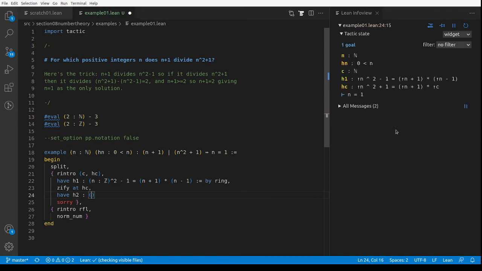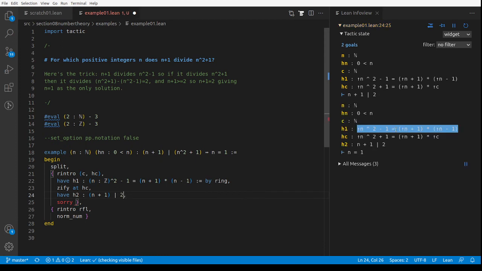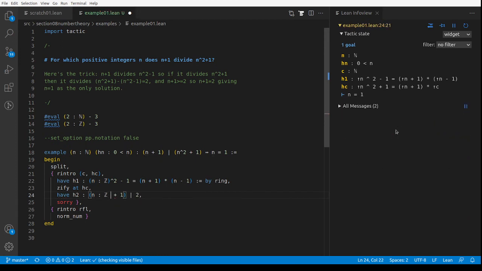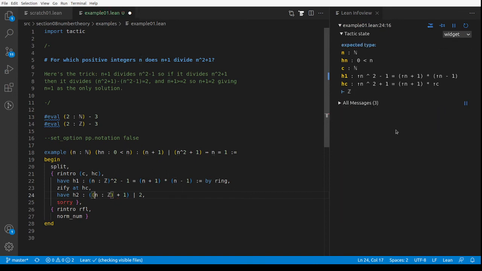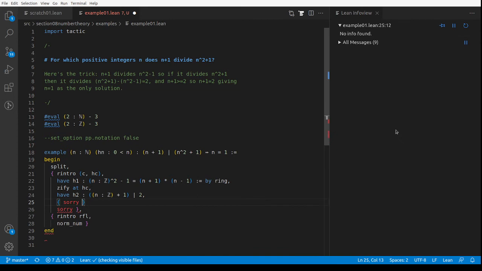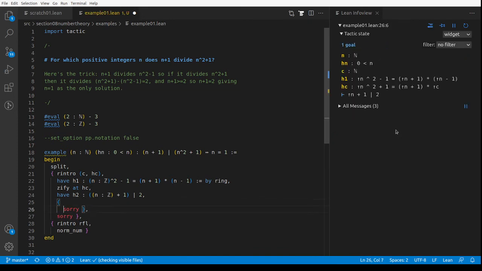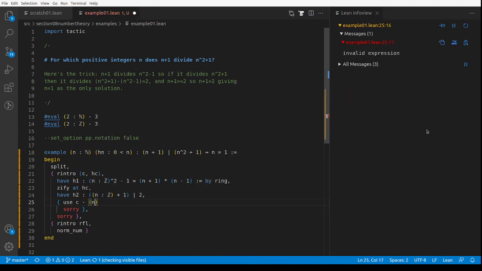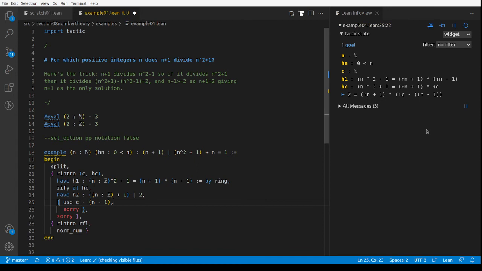My claim is that the integer n plus 1 divides 2, and my proof of this is going to be that we can subtract H1 from HC, so we're going to use C minus N minus 1, right? There.